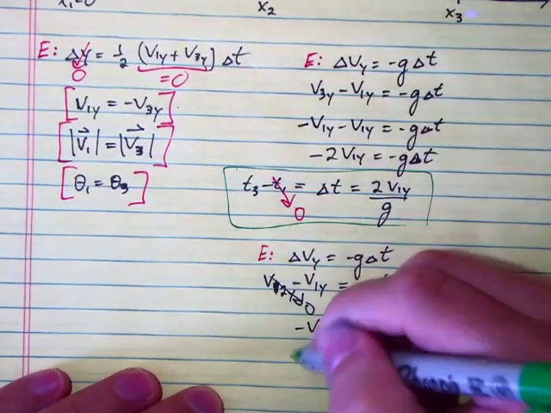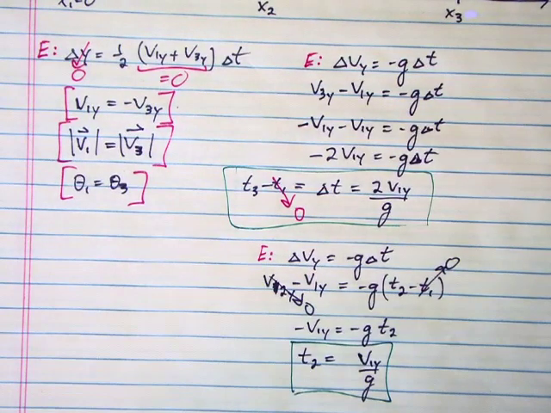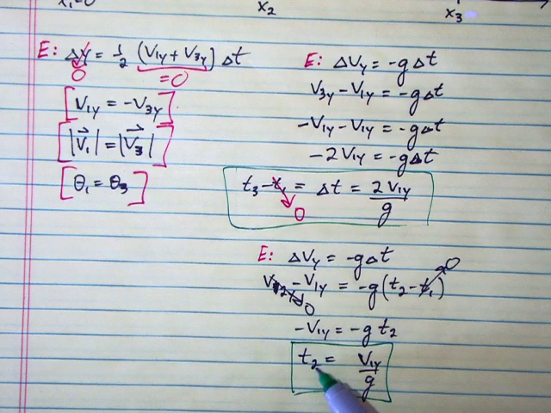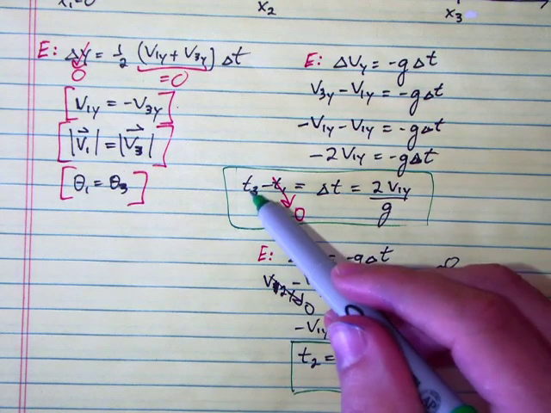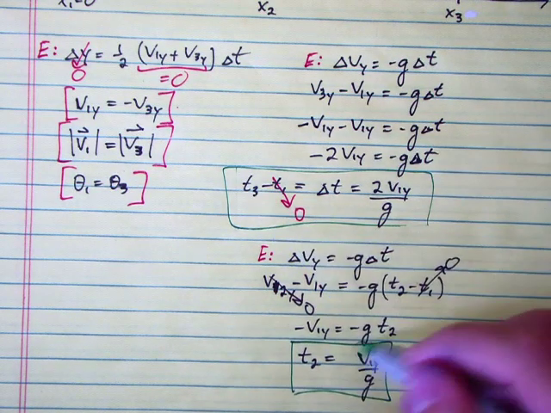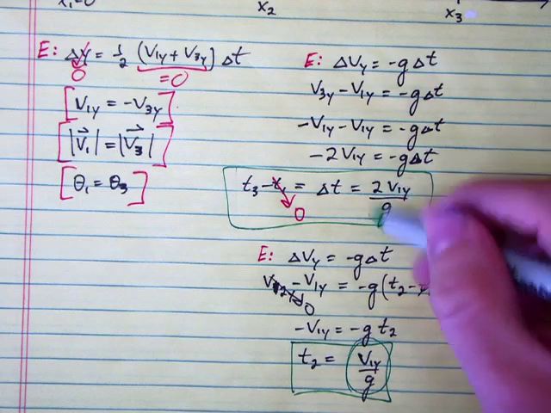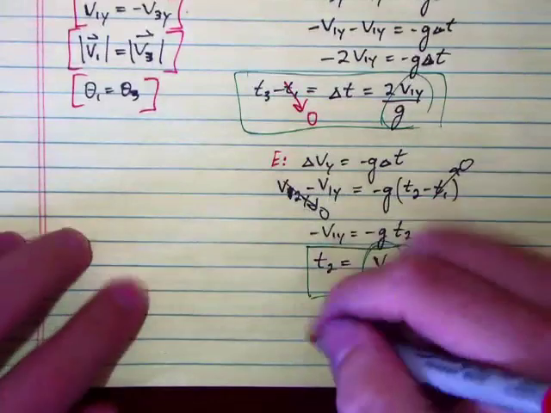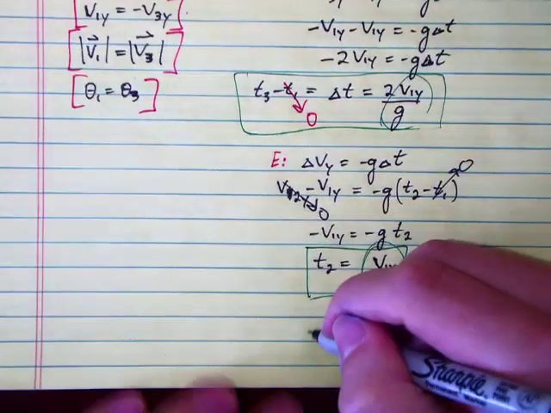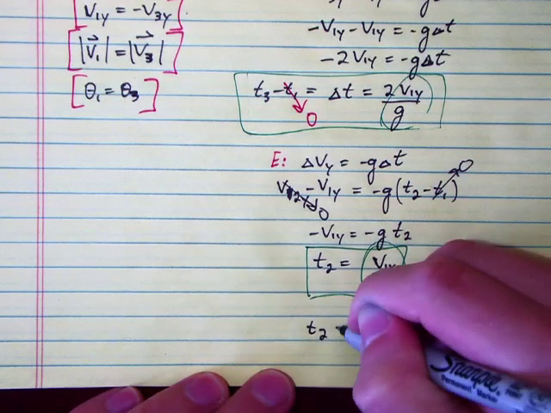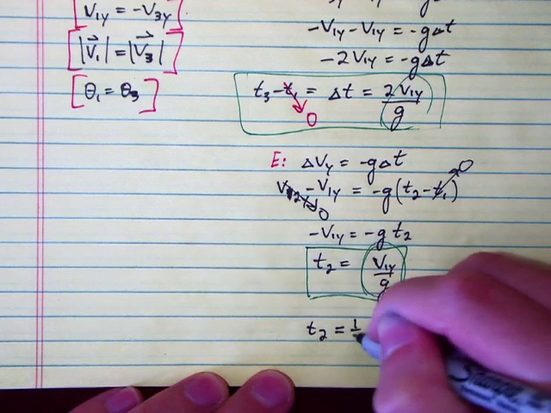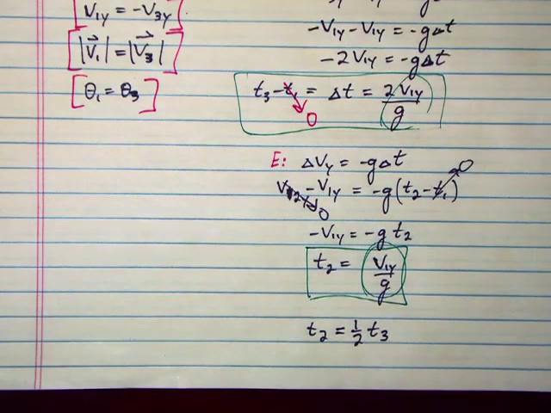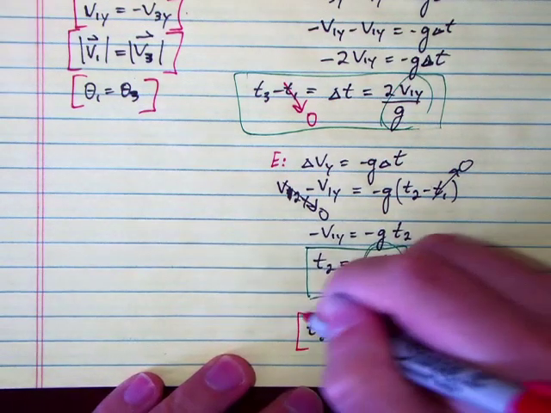Compare these two expressions, and you'll see that t2 is exactly 1/2 of t3. There's t2, and this is 2 times t2 right there. Conclusion is that the travel time up equals 1/2 of the total travel time.